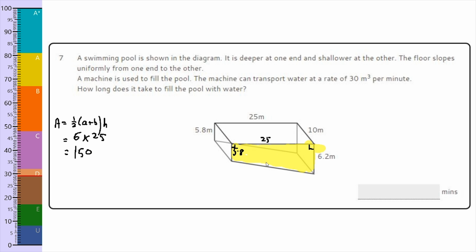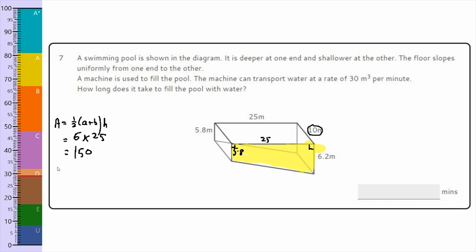But that's the area of this shaded in bit here. I need to work out the volume for this, otherwise I'm not going to be able to answer this question. Now the volume is the cross-sectional area times the depth, or times the length, or whatever you choose to call it. So this 10 here.